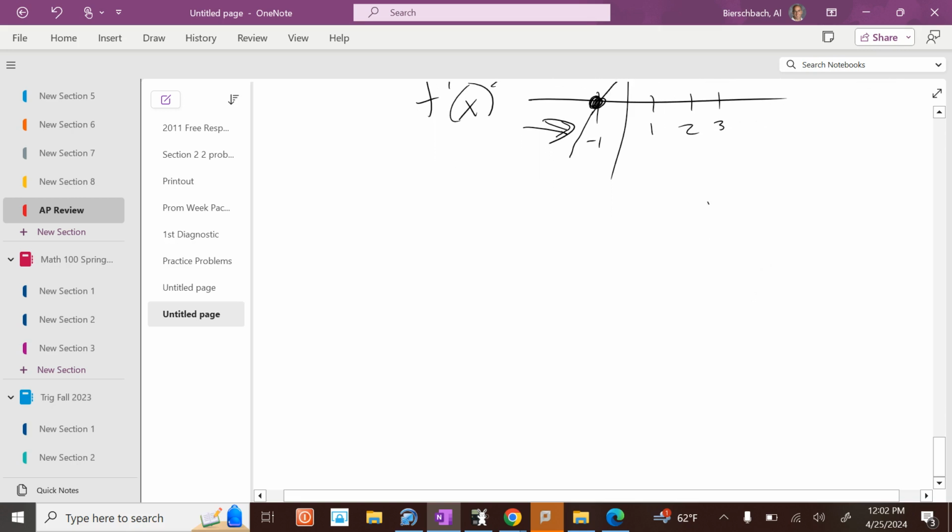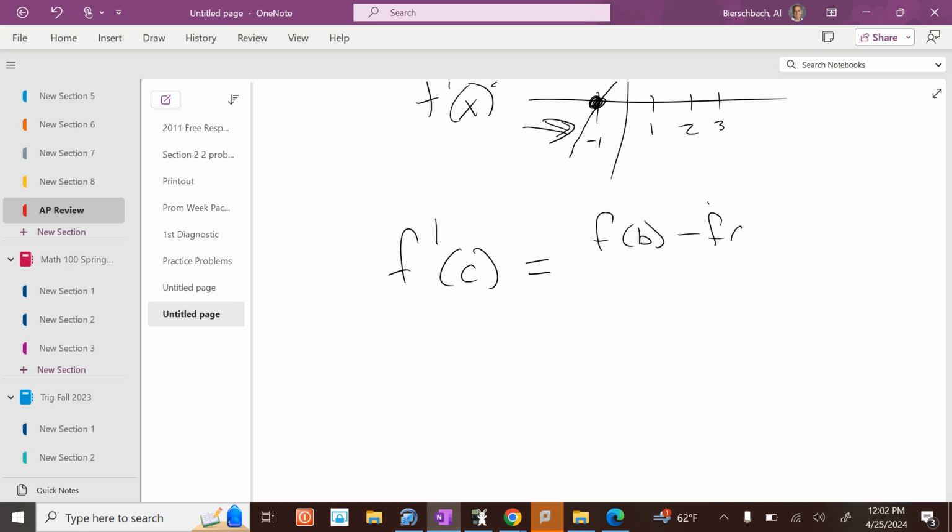Mean value theorem. There exists a point where the slope at point C equals the average slope from A to B. The slope at C, somewhere in between A and B, should be equal to the average slope of that.